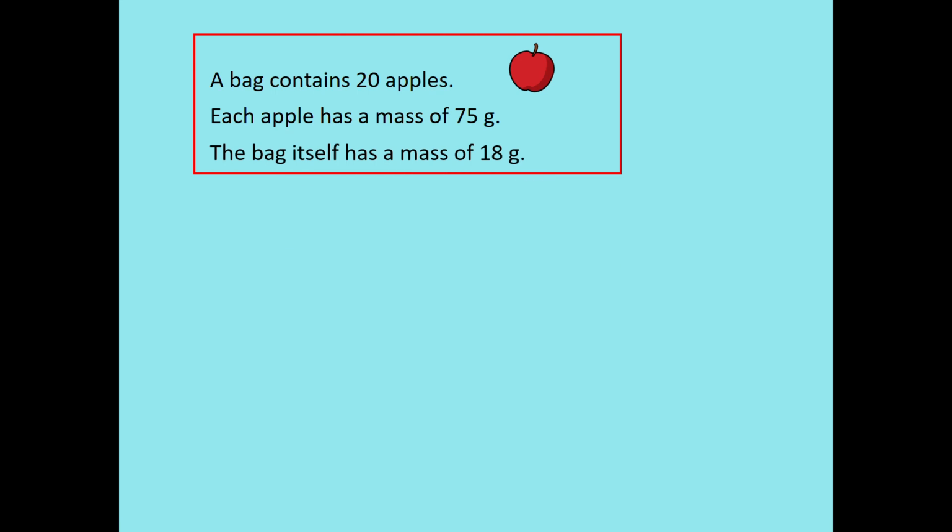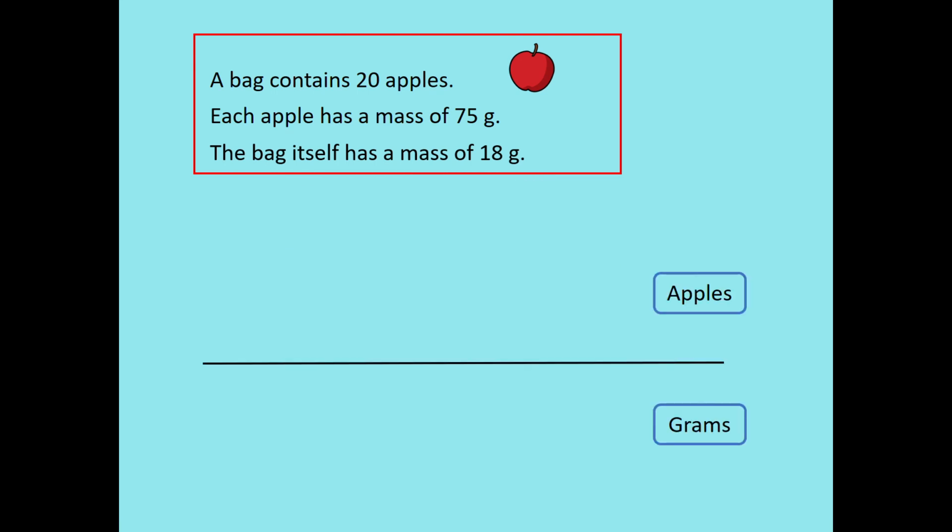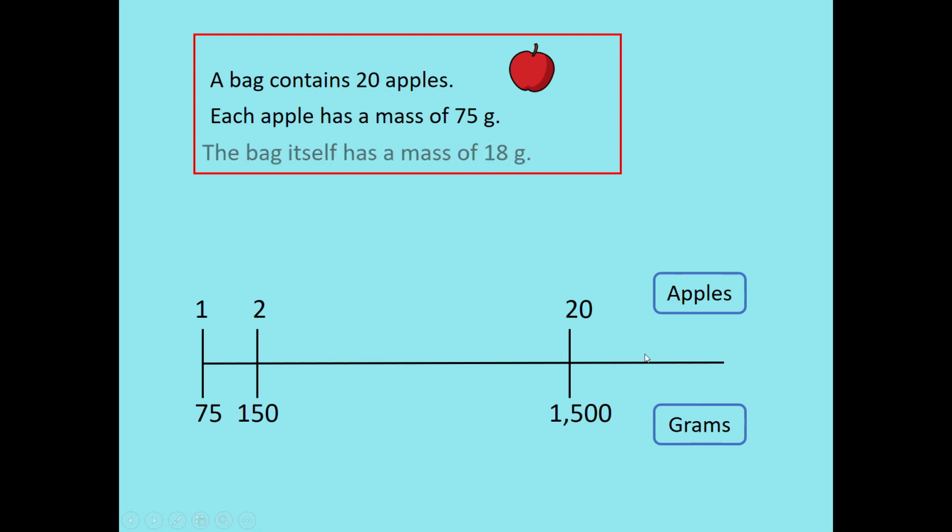So first we're going to work this part out. We've got a bag of 20 apples, each weighing 75 grams. So 20 times 75 is 1,500 grams. And then we need to add the bag itself, which is 18 on top, so it's 1,518 grams in total for a bag of apples.